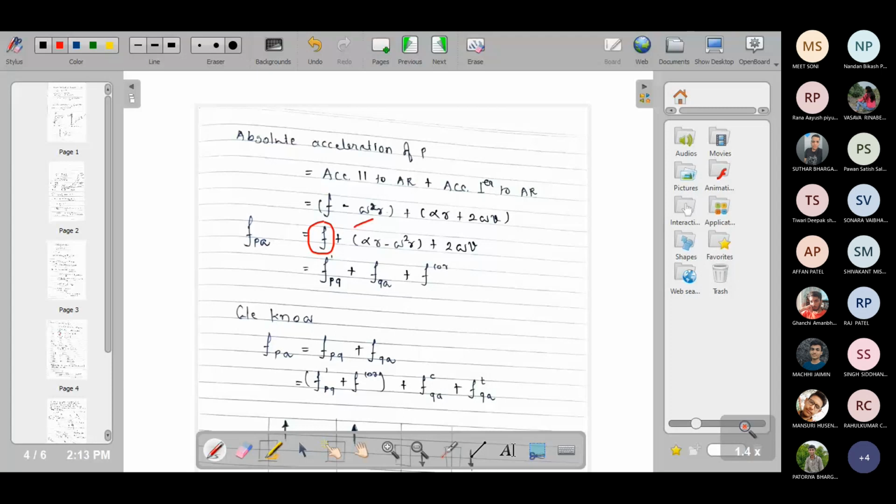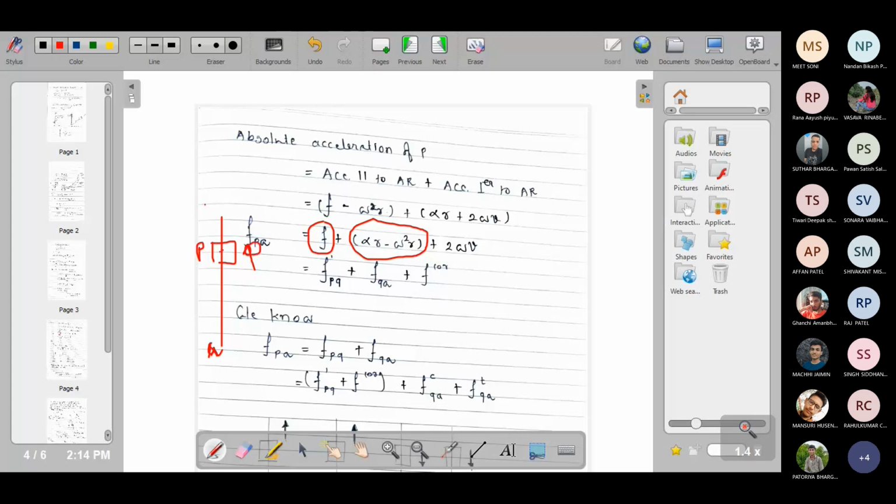Now what is this alpha R minus omega square R? It is the acceleration of point Q with respect to A. So this is point A, this is point P, P is on the slider, and Q is just beneath the point P. Let me write capital letters.